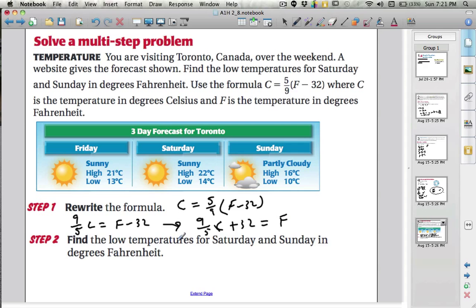They'd like me to find the low temperatures for Saturday and Sunday. So Saturday and Sunday would be this low and that low, so 14 and 10. For Saturday, I'll have 9/5 times 14 plus 32 will be equal to Fahrenheit. So 9 times 14 is 90 plus 36 would be 126 fifths, plus 32 will be equal to my Fahrenheit.